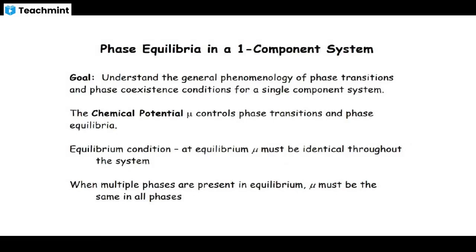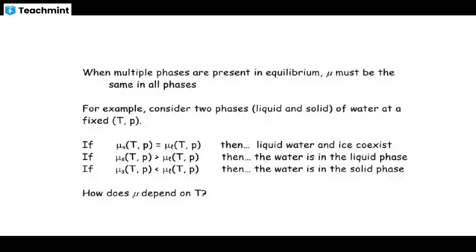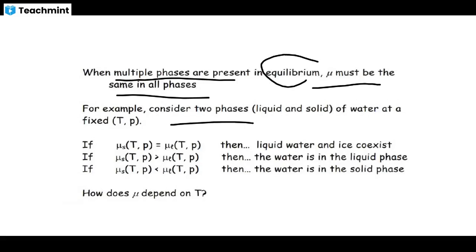When multiple phases are present in equilibrium, mu must be the same in all phases. Then only can they coexist at equilibrium. For example, consider two phases of water, liquid and solid. If the chemical potential of solid and liquid are equal, then liquid and ice can coexist.